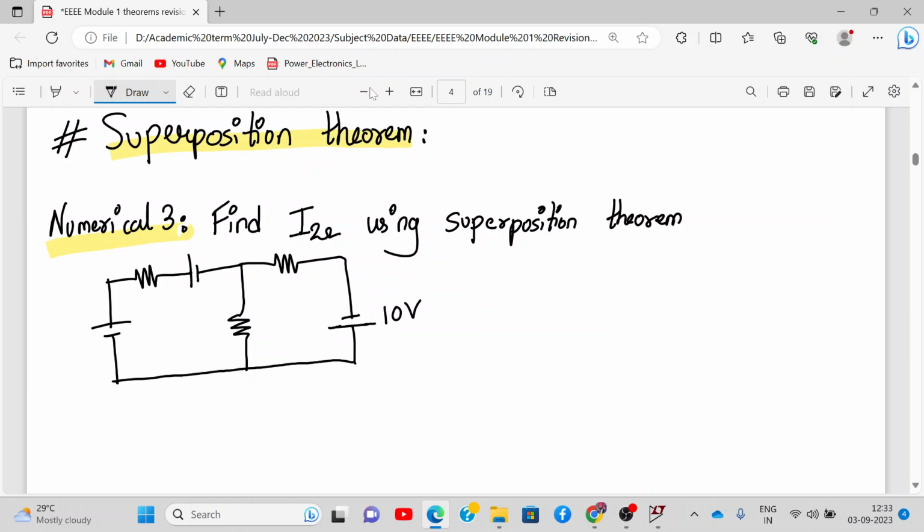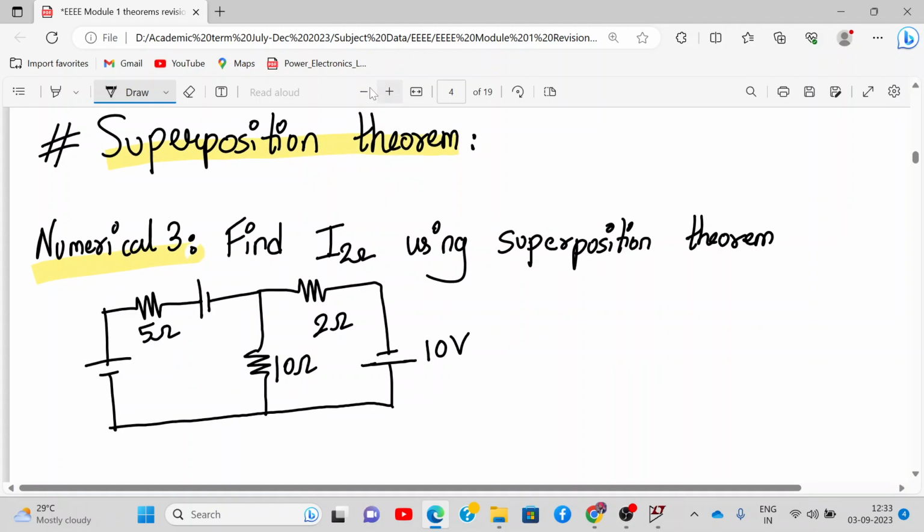This is 10 volt, 2 ohm, 10 ohm, 5 ohm, and this is 40 volt. Again it is starting to give trouble. This is 40 volt and this is 10 volt.